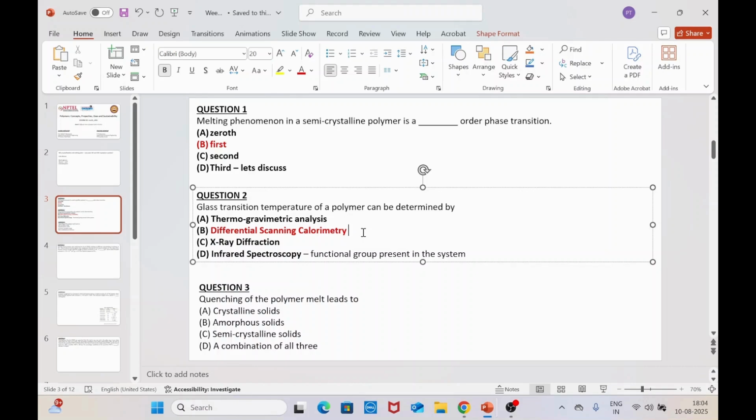So, third: quenching of the polymer melt leads to... Question number three.